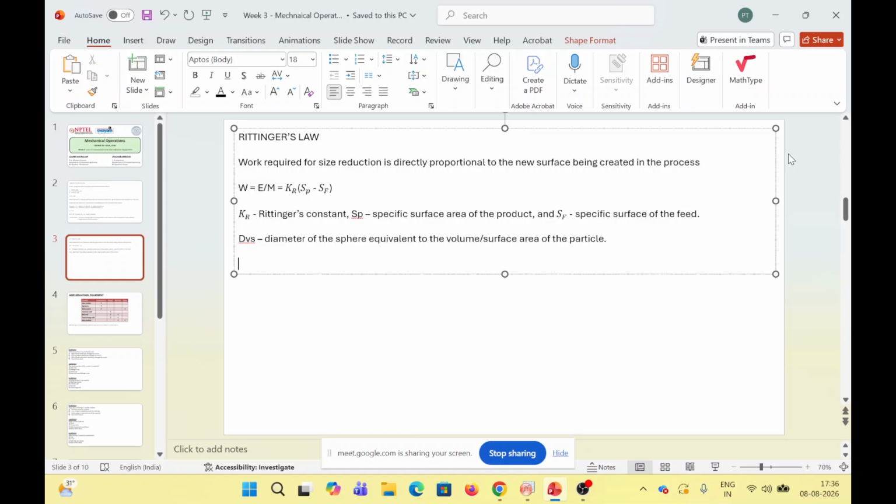So now we are going to express S_P and S_F in terms of d_vs.